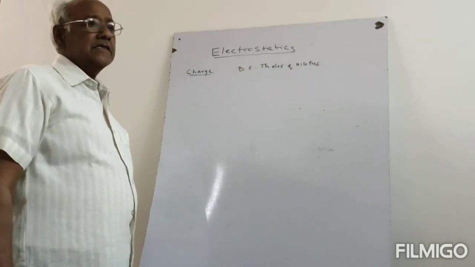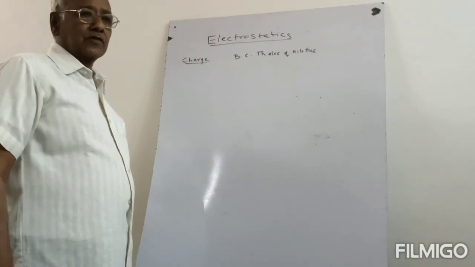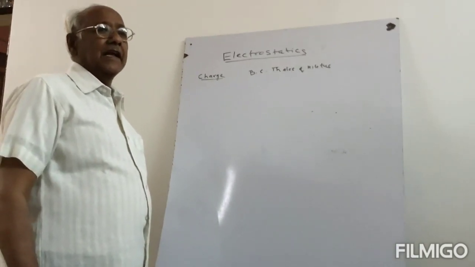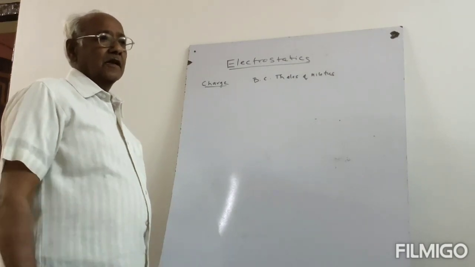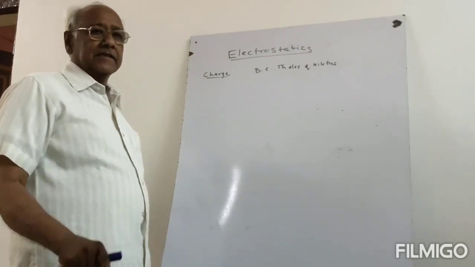So in Greece, amber means electron, and this phenomenon is known as frictional electricity.